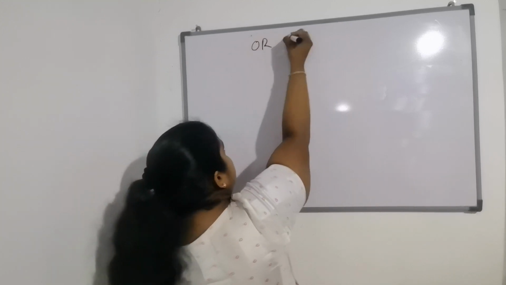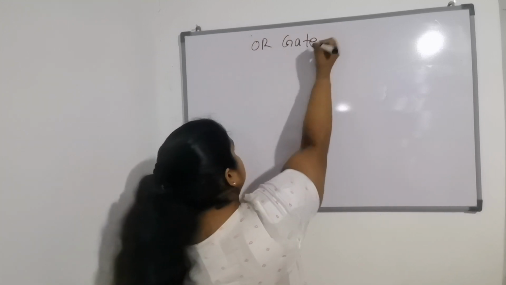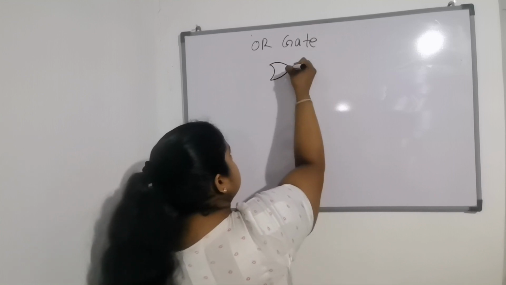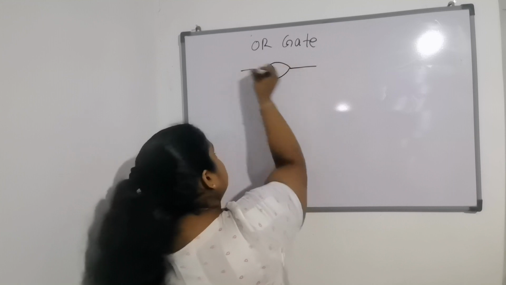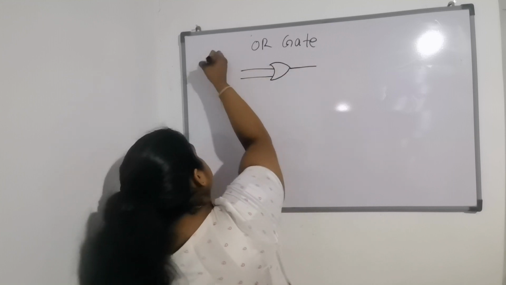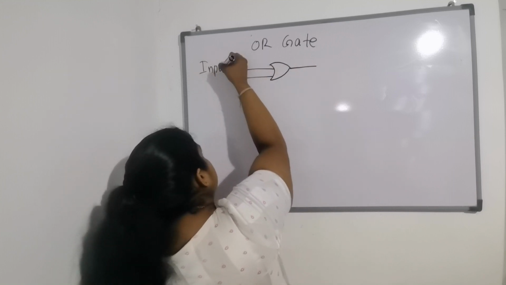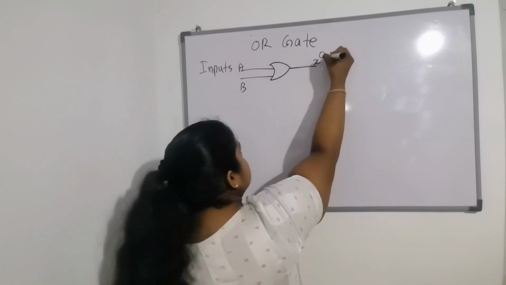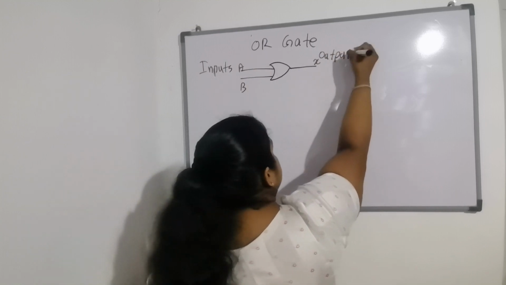The OR gate symbol is this. It's a very special symbol, you see. Two inputs, A and B, and this is the output X.